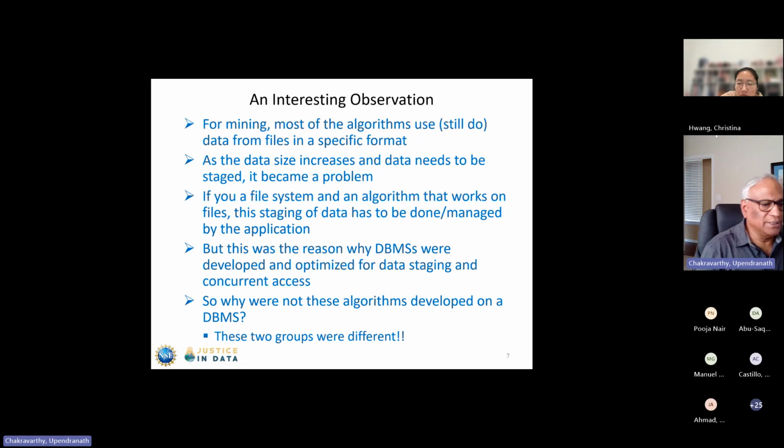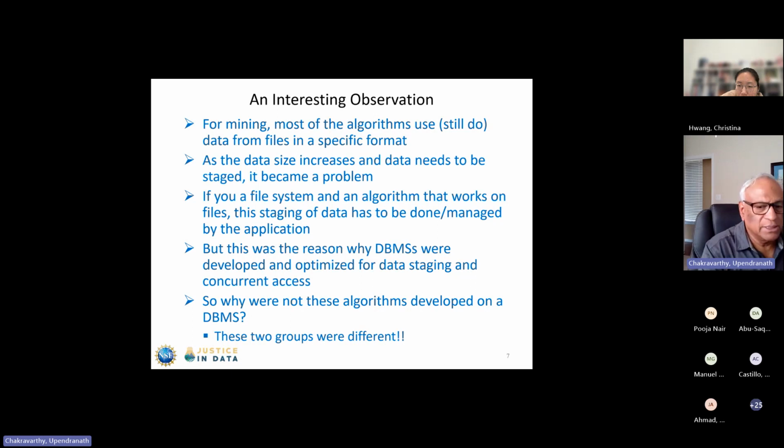So why were these algorithms not developed on a DBMS? That's a very important and insightful question. The only answer I can give is that these things were developed by two different groups. The group that was developing DBMSs was not the same group that was developing mining algorithms.